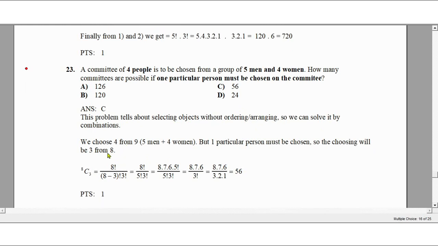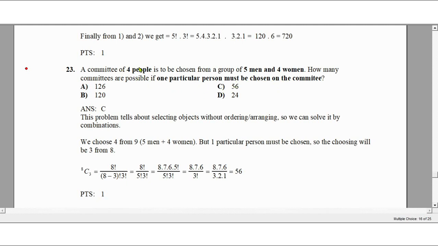We choose 4 from 9, right? 5 plus 4 is 9. But one particular person must be chosen. So with this condition, the choosing will be 3 from 8. Why? Even though we choose 4 people from 9, one person must be chosen, so this person is already chosen.